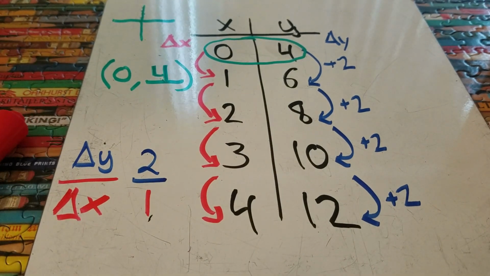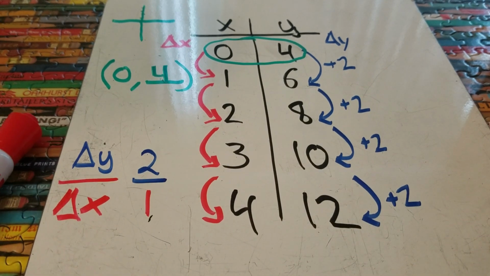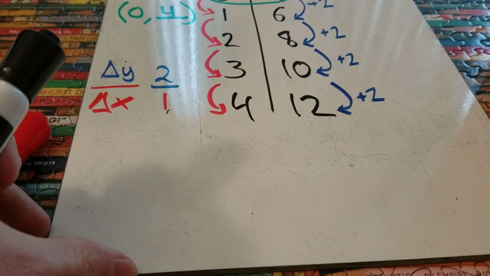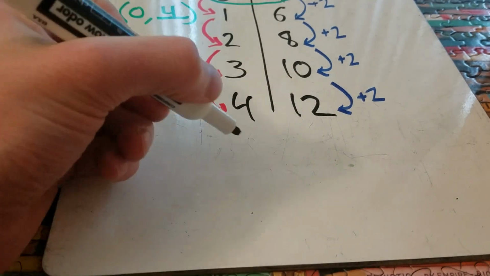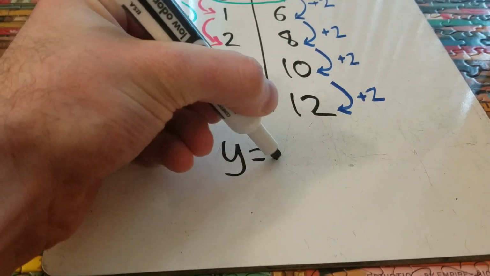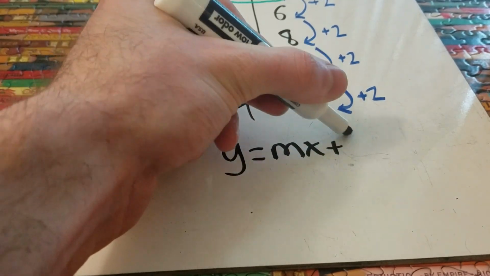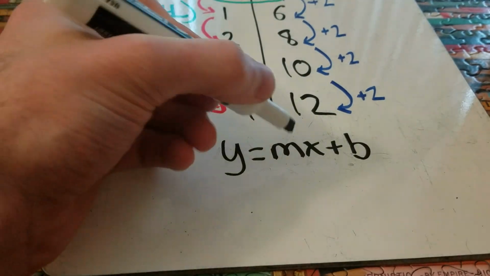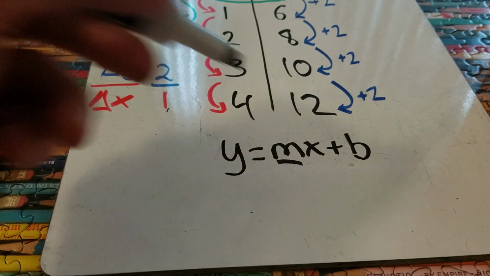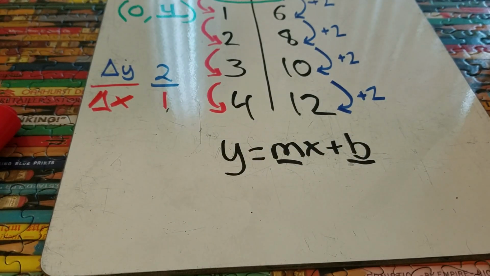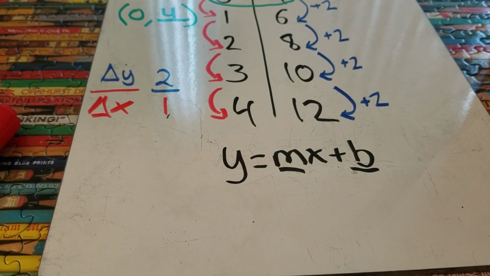If I know my slope and my y-intercept, it should be really easy to write an equation in slope-intercept form. Slope-intercept form, y equals mx plus b. If I know the slope, I can put it in for m. If I know the y-intercept, I can put it in for b. And in this case, I know both.